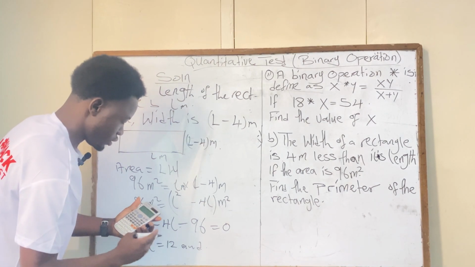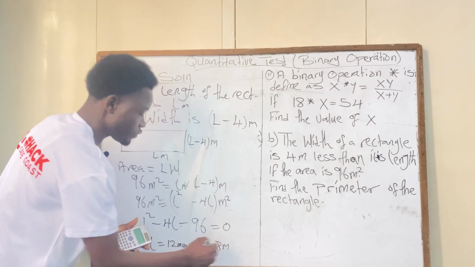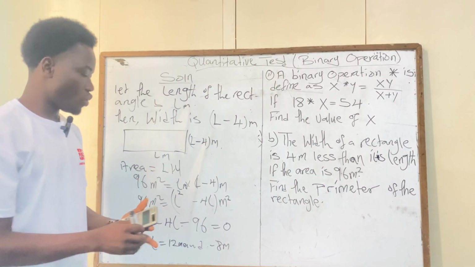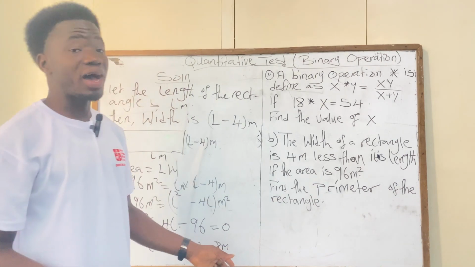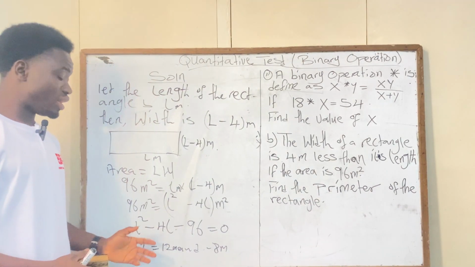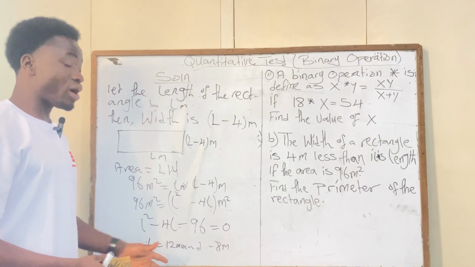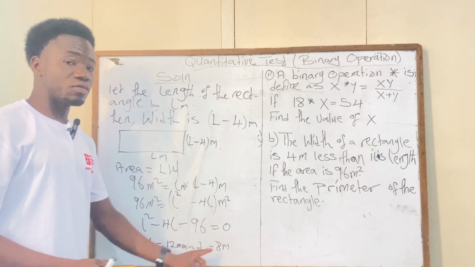and -8 meters. So we just put inside the meters. Now remember that we don't have a negative length, because when you have measured something, you have positive length. So the length must be greater than or equal to 0. So there's no way we have negative. So this -8 is off.